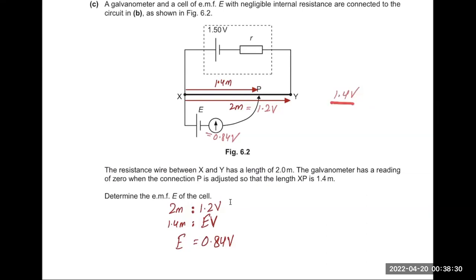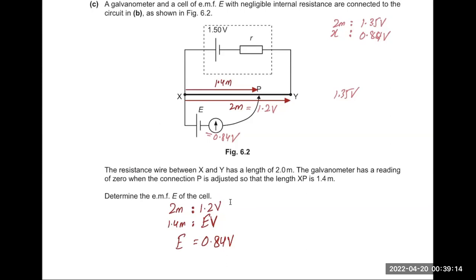In fact, let's not use 1.4 volts. Let's use 1.35, because 1.4 is also the length in meters, and there's a chance that you may get confused between the two. Let's say this is 1.35 volts. So this entire 2 meters experiences 1.35 volts. What is the length that gives us 0.84 volts, which is the EMF of the battery? Cross multiply and get an answer. Check whether it's less than 1.4 or greater than 1.4.